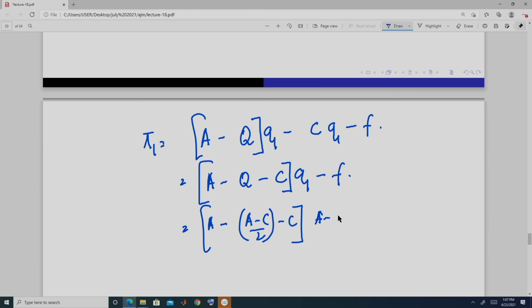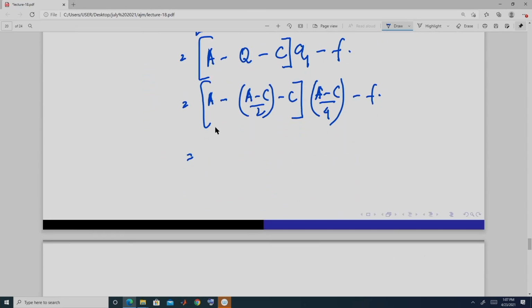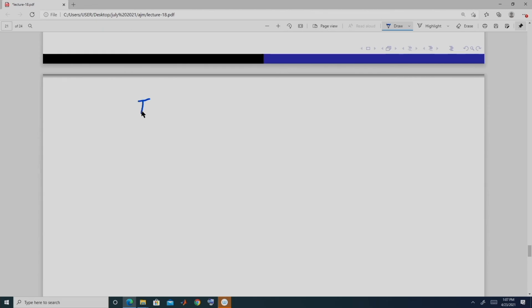We know this. It is this, and if we follow the same method, it is going to be this.